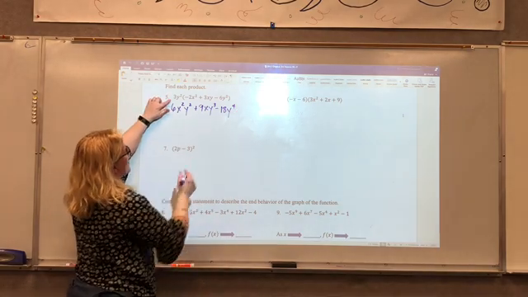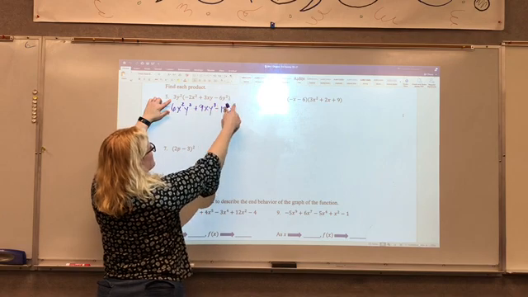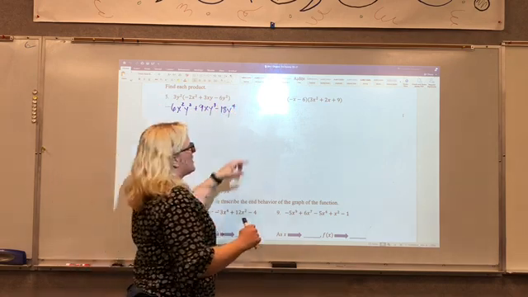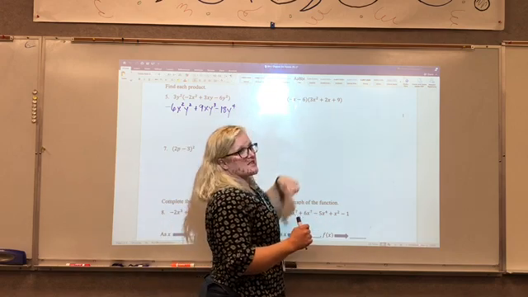Right? 3y squared times negative 6y squared is negative 18, and then y squared times y squared is y to the fourth.